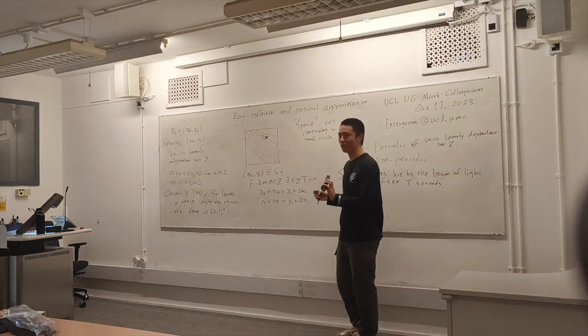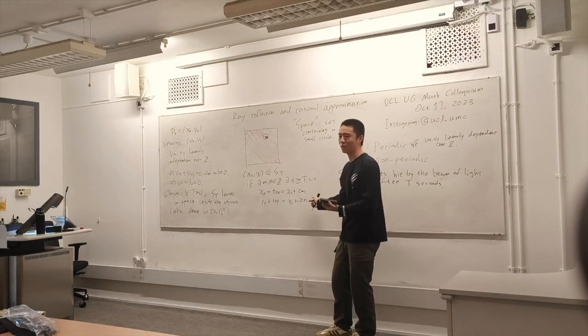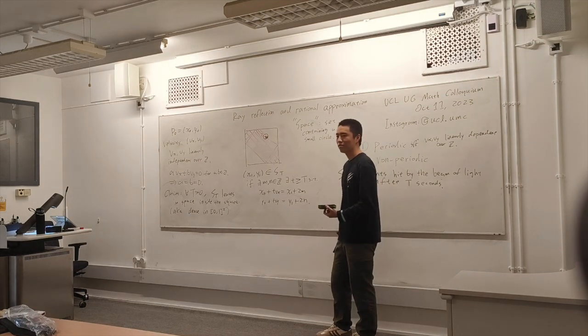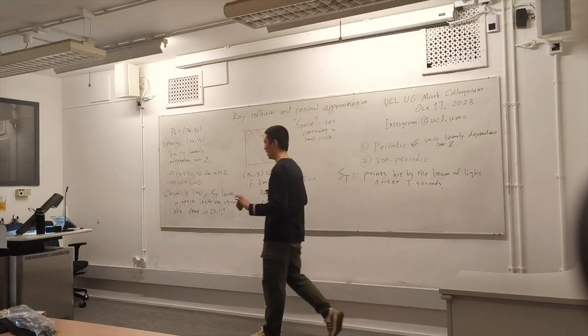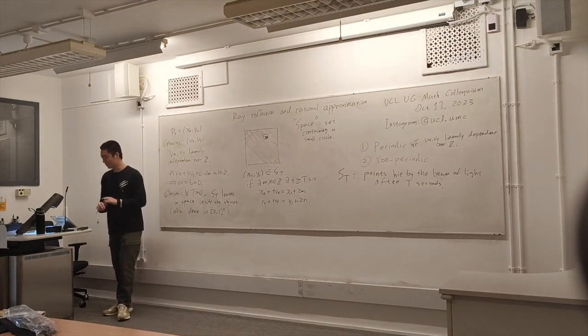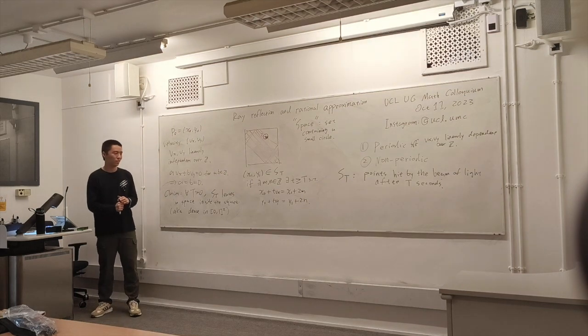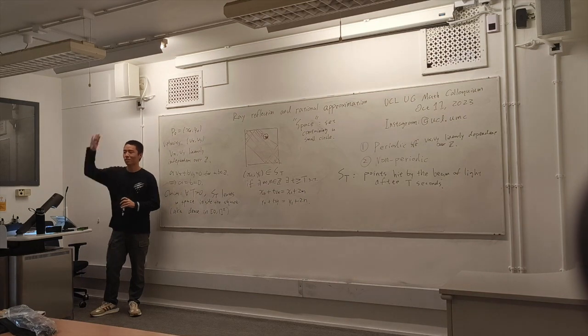Any problems, questions about this bit? Okay, I understand that it's a lot of information in a short amount of time, but feel free to ask if you need. All right.